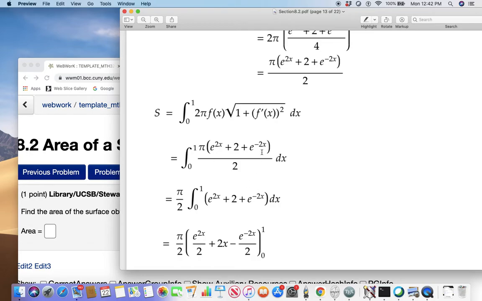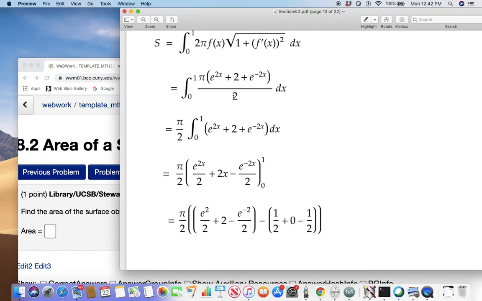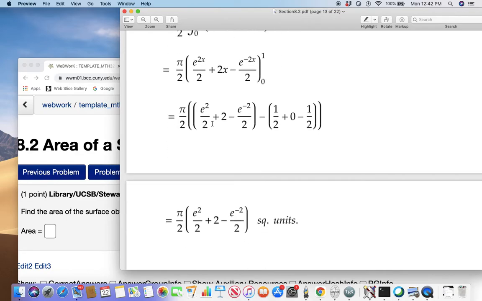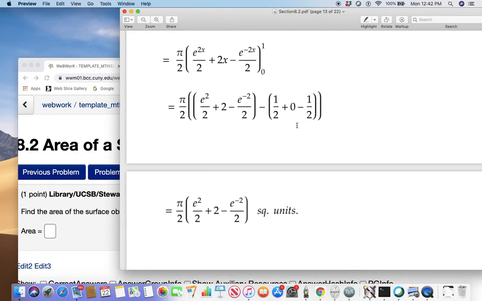So all of that, pi over 2 is a constant. When you take integral of these, these are standard integrations. Integral of e to the 2x is e to the 2x over 2. Integral of 2 is 2x, e to the negative 2x, its integral is e to the negative 2x over negative 2. So that positive became a negative. Limits of integration are 0 to 1, and this is the expression we have.